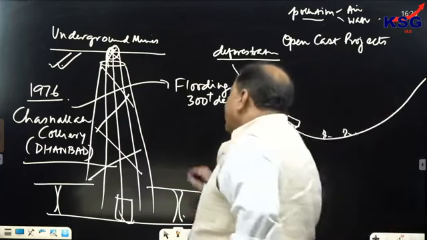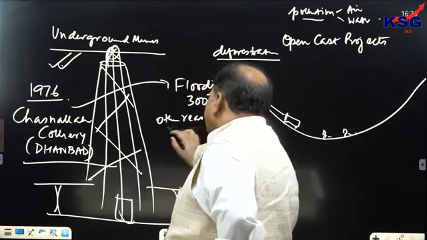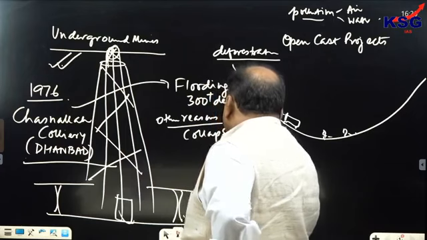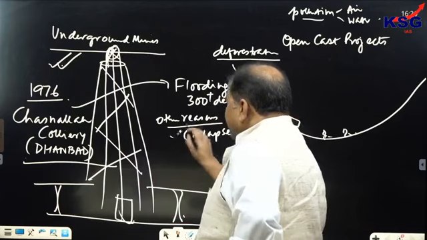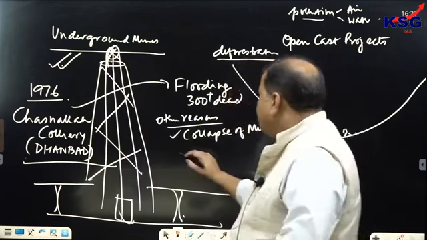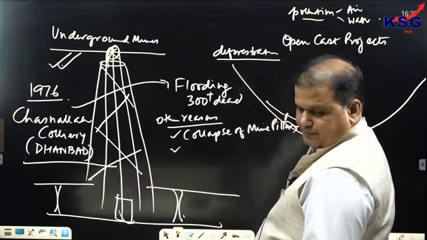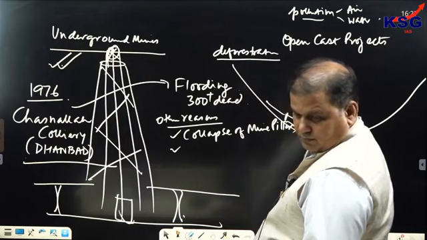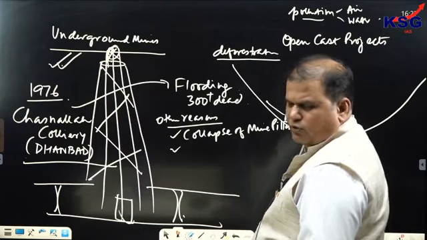But mine disasters can occur due to other reasons. Other reasons include collapse of mine pillars. That is one reason. Second, we can also see pollution dome.